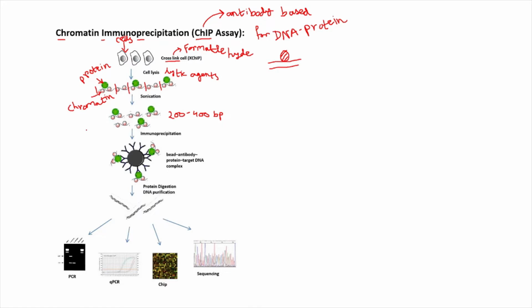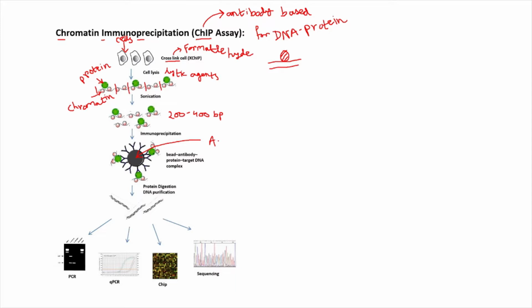Some are bound to protein, some are not, and the sizes of those small chromatin pieces are between 200 to 400 base pairs. Then you immunoprecipitate it with an antibody attached to a bead. This is the bead. Here you can use two types of beads.